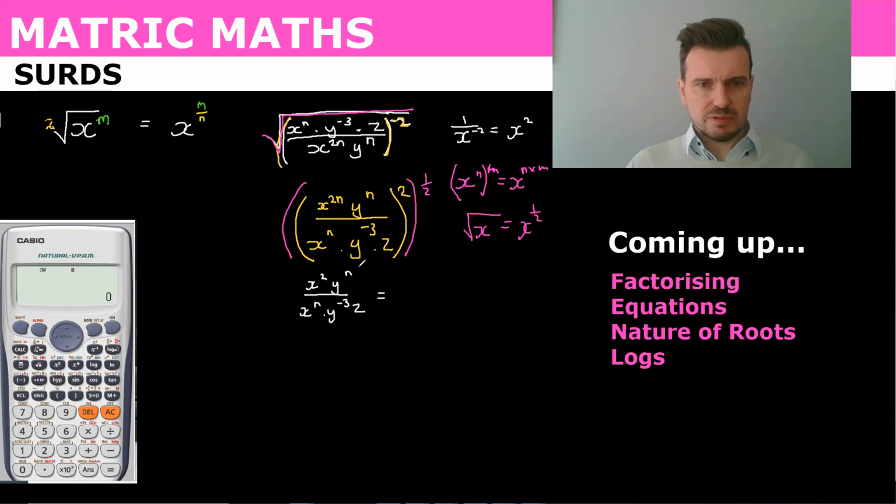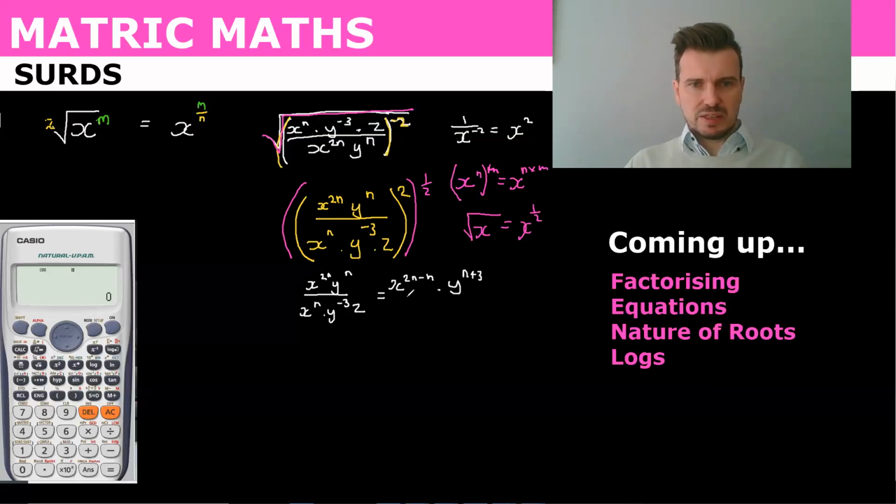And then I can simplify this. This is the 2n. So this n goes to the top and becomes minus. So x to the 2n minus n. This y to the n goes to the top and also the y to the minus 3 can go to the top and become positive. So that becomes y to the n plus 3. And then z just goes to the bottom.